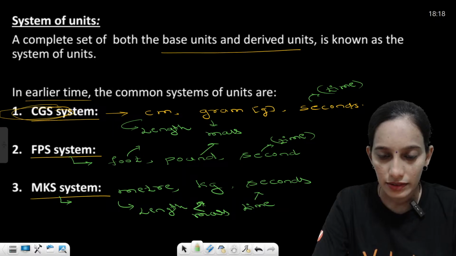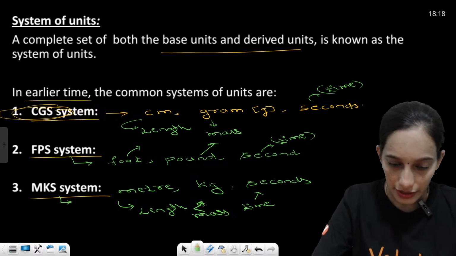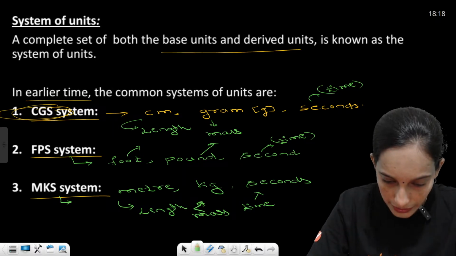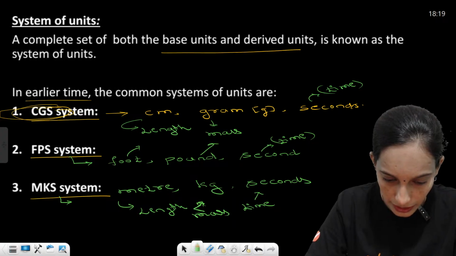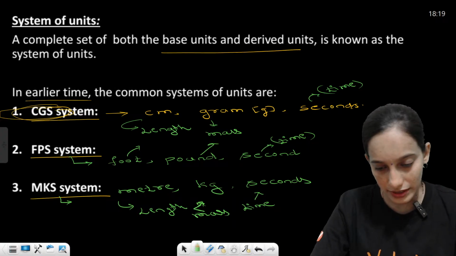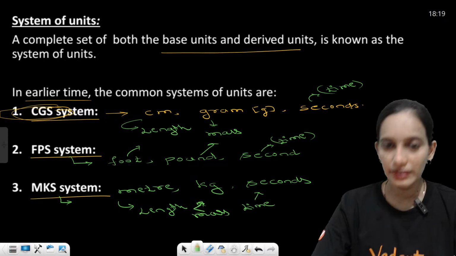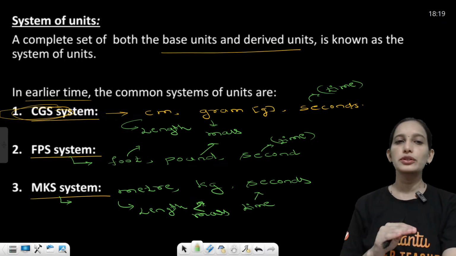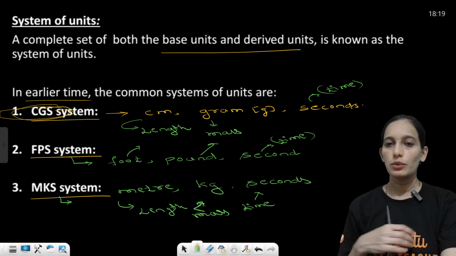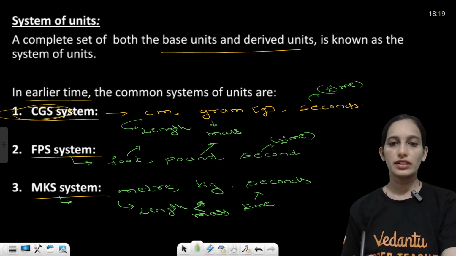Is that clear? Any doubts? I think I have got some responses in the chat box as well: foot, pound, second; and meter, kilogram, second stands for MKS. So these are the three earlier used systems of units, and the names themselves are very evident.